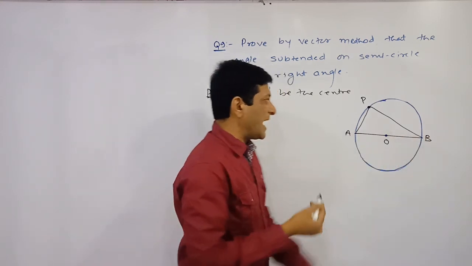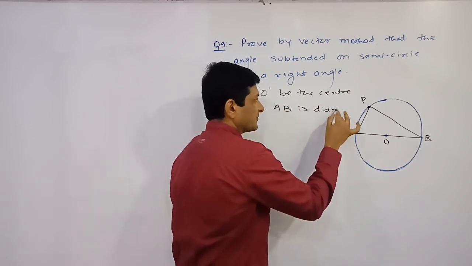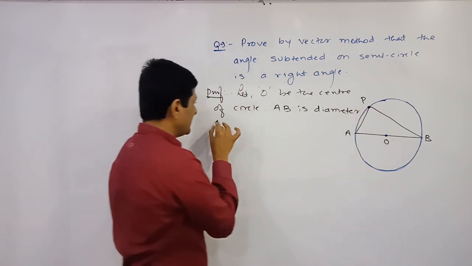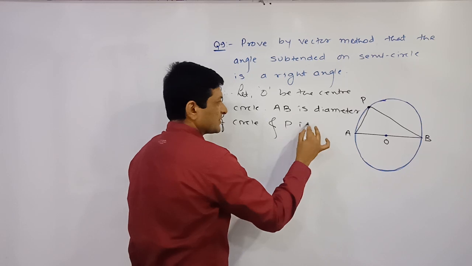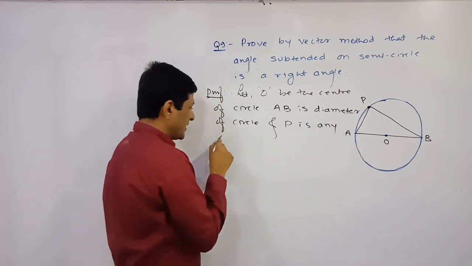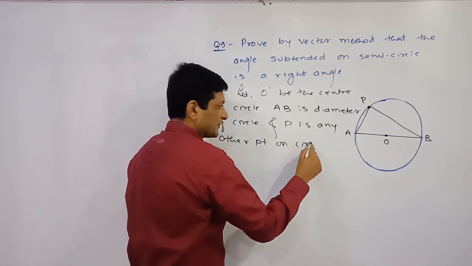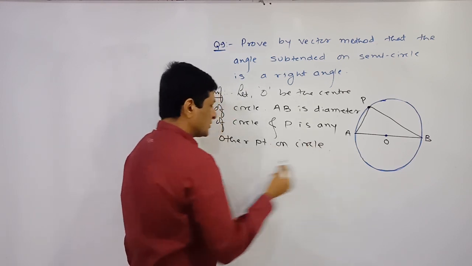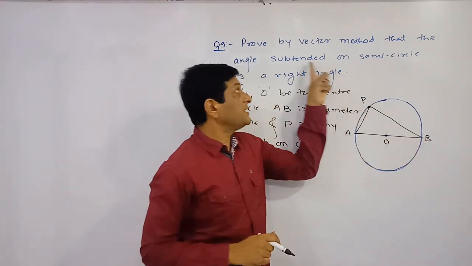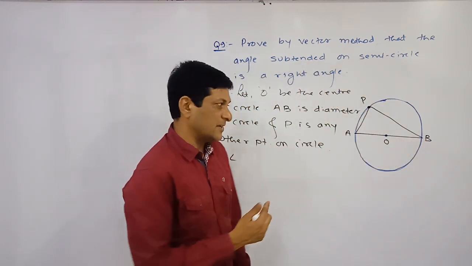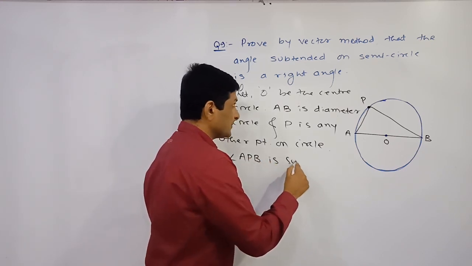AB is the diameter of the circle, and P is any other point on the circle. So therefore we can say that this angle APB is subtended on the semicircle.